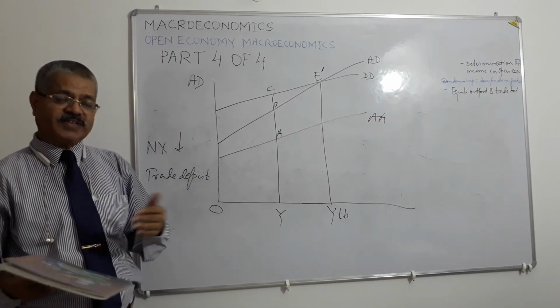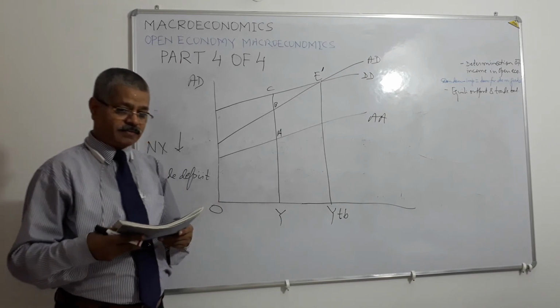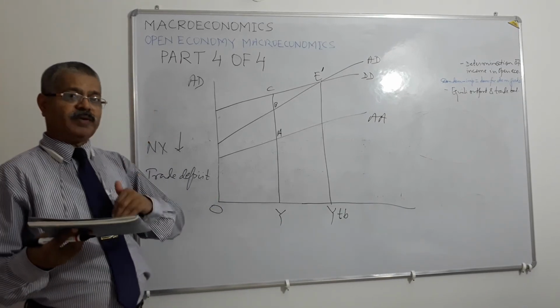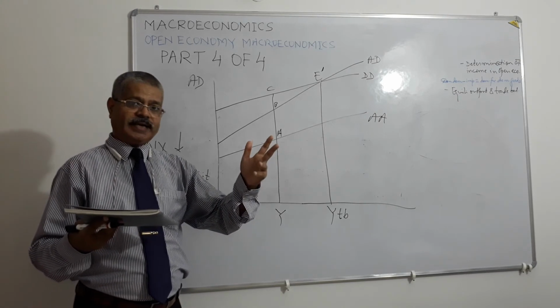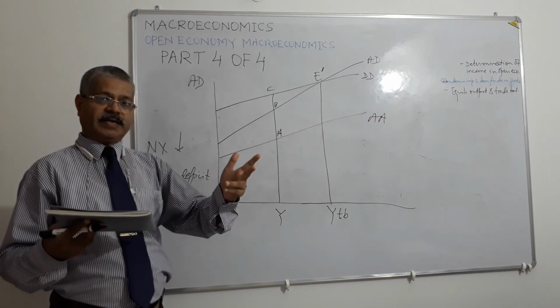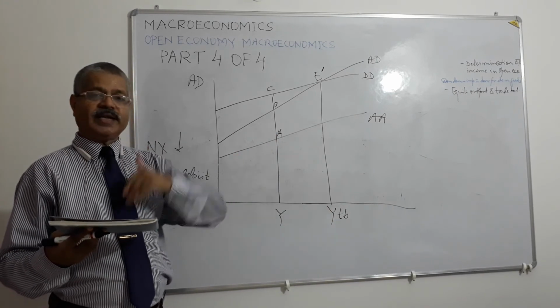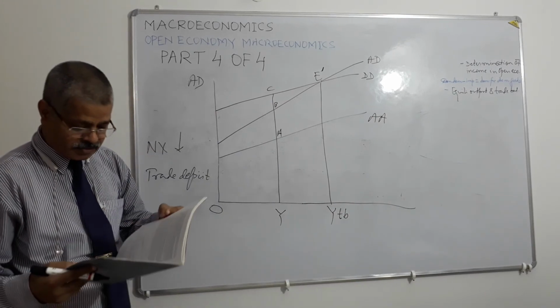And if exchange rate becomes lower, then what happens? Our goods will become costlier. So exports will decline, output will decline, income will decline, imports will increase, and trade deficit will increase, right?